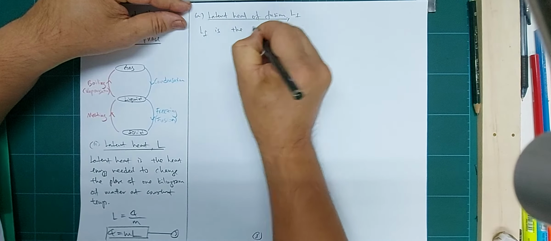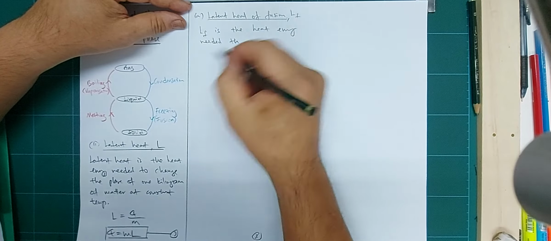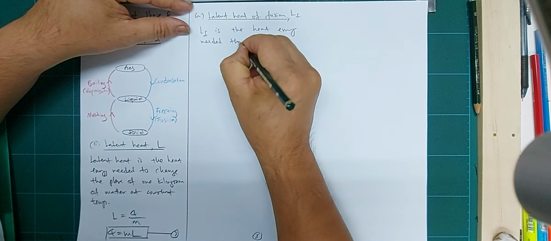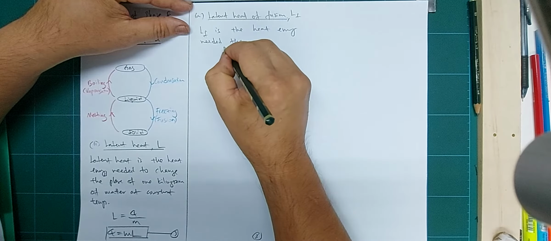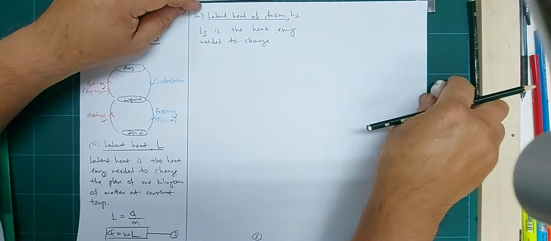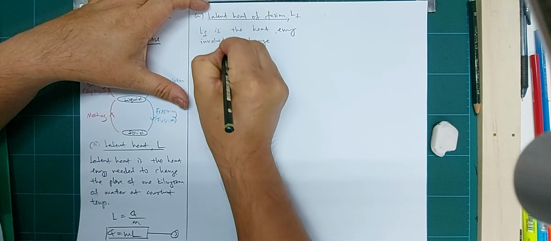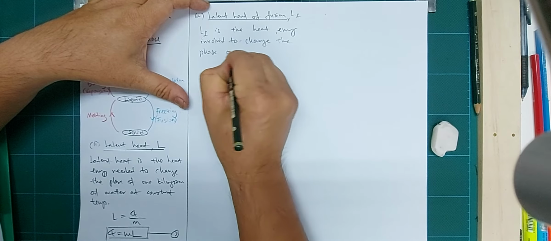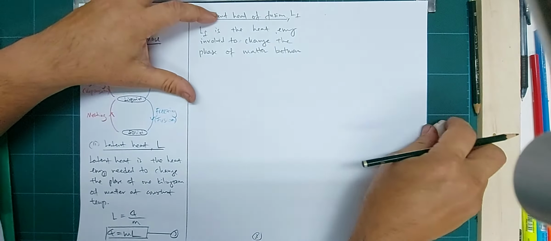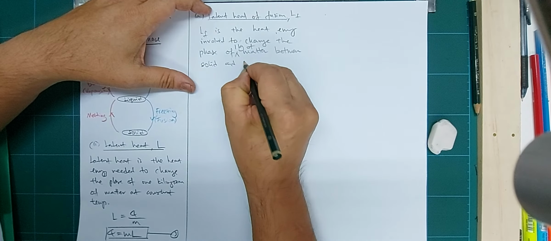Latent heat of fusion is the heat energy involved, it can be absorbed or released, to change the phase of 1 kilogram of matter between solid and liquid.